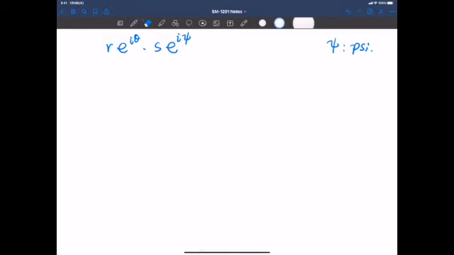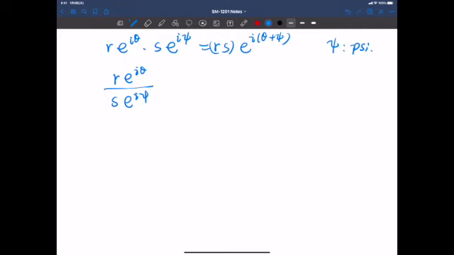This should be equal to rs times e to the power of i theta plus psi. And also, if we take the ratio, r e to the power of i theta over s e to the power of i psi, then that is r over s times exponential of i theta minus psi.